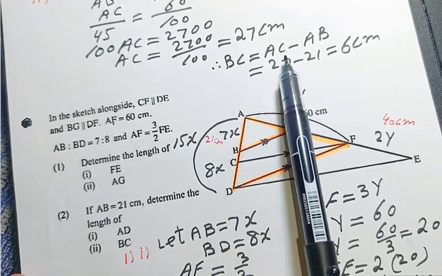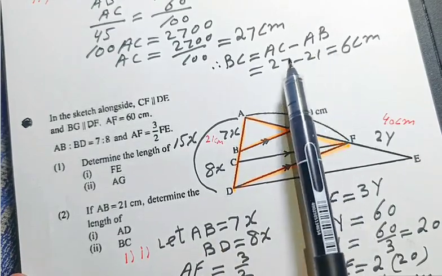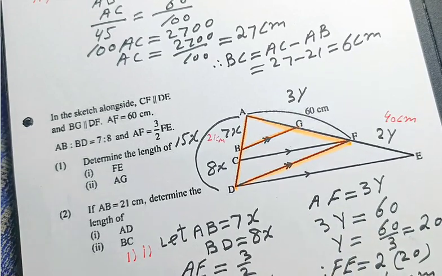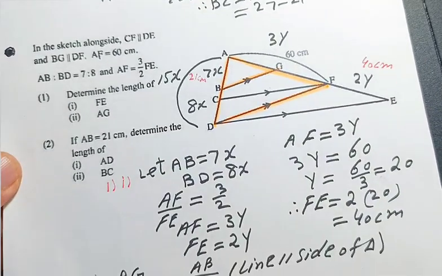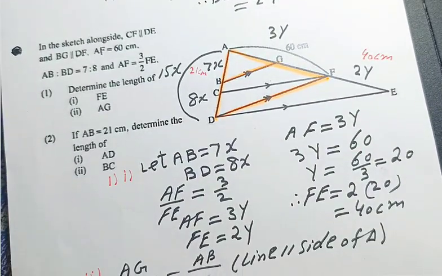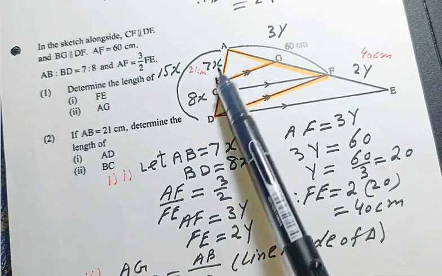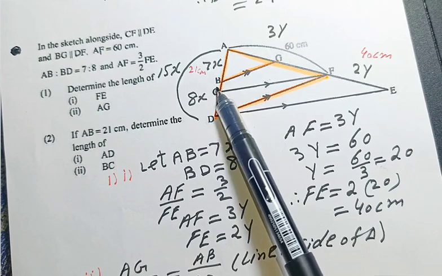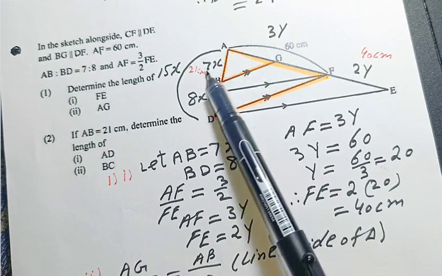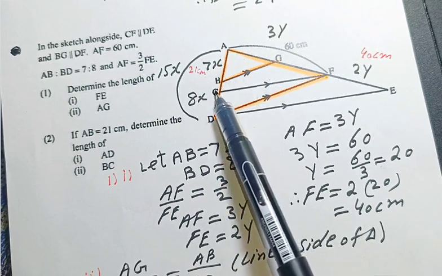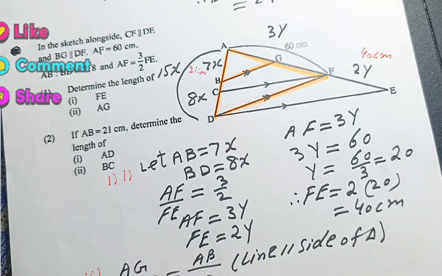So the BC is AC minus AB, 27 minus 21, 6 centimeter. This is my final answer. The full length AC 27 minus this AB 21, that's going to be the BC length, 6 centimeter.